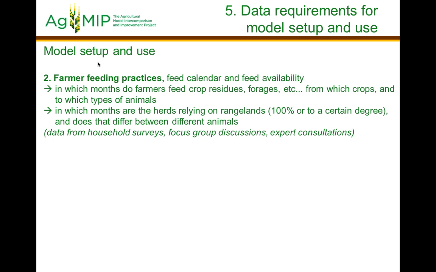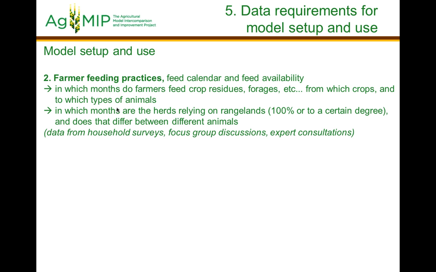Then in terms of model setup and use, you will need information on farming feeding practices, and on the feed calendar and on feed availability. So we need to know in which months the farmers will feed crop residues, will feed different forages, from which crops, and also to which types of animals.